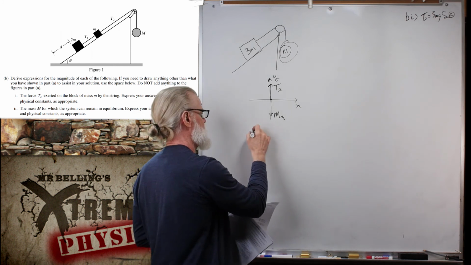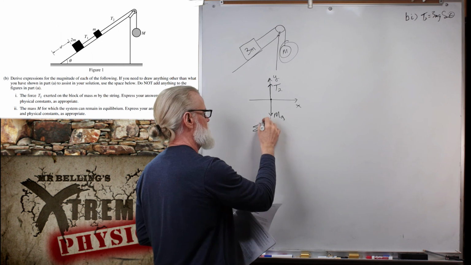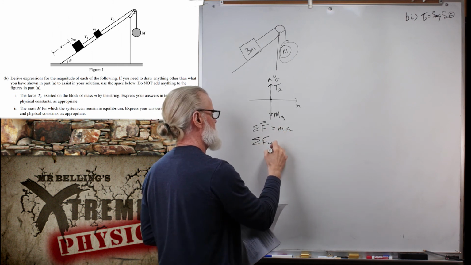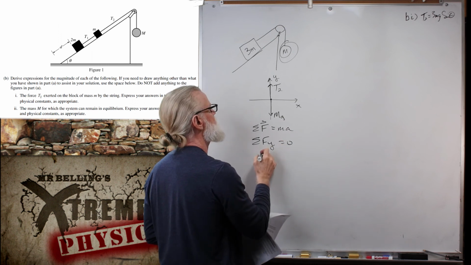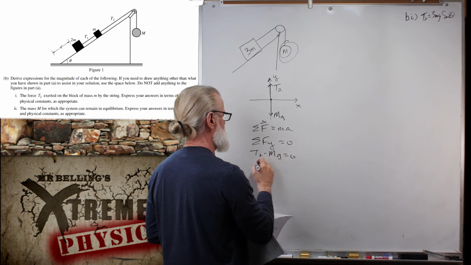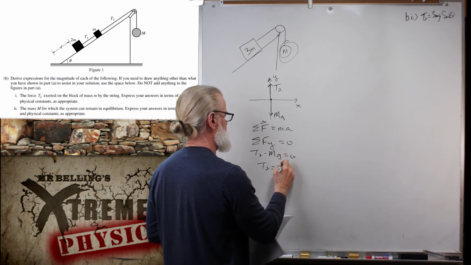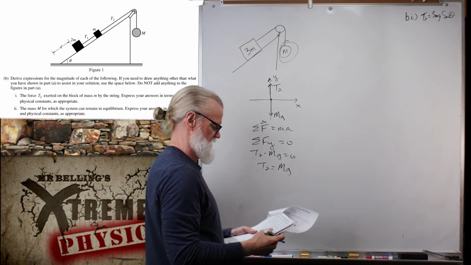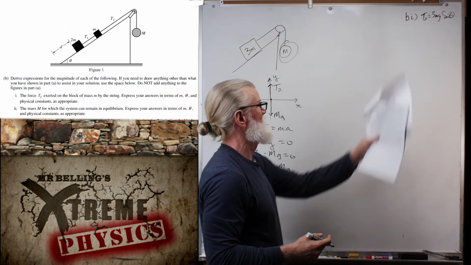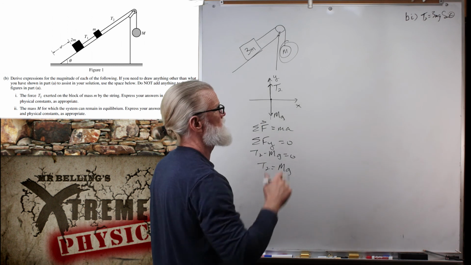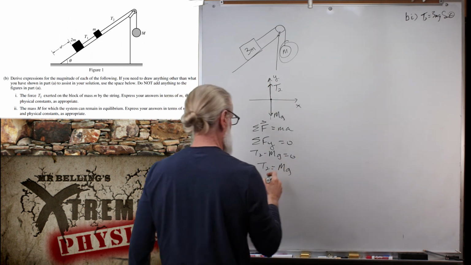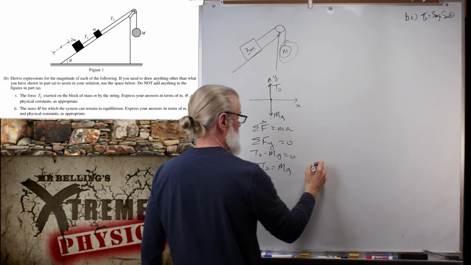Let's state the physics. Sum of the forces equals mass times acceleration. In this case, the sum of the forces in the y equals 0. T2 minus capital Mg equals 0. T2 equals Mg, but T2 also equals 3mg sine of theta. So let's take our answer from before and plug it in here.